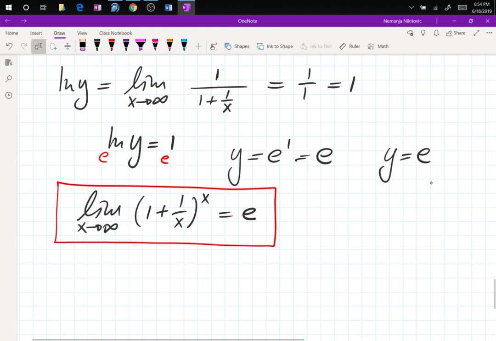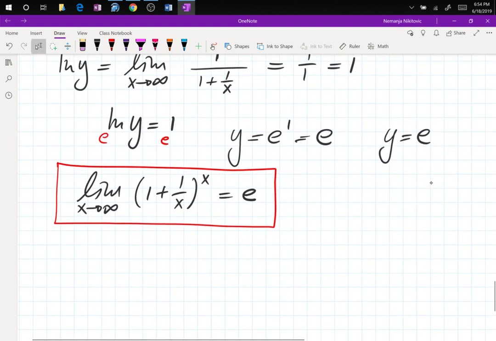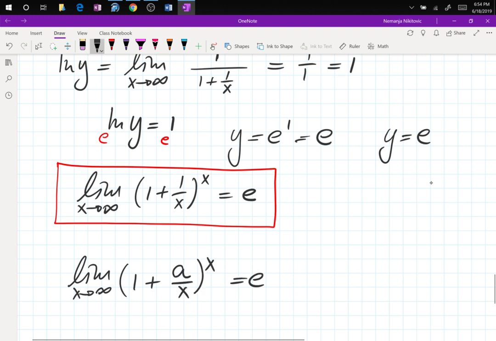Now, just to make sure that they can't add anything to it, you also say, but did you know that the limit as x goes to infinity of 1 plus a over x to the x is actually e to the a? So if that a is 3, then the answer is e cubed.